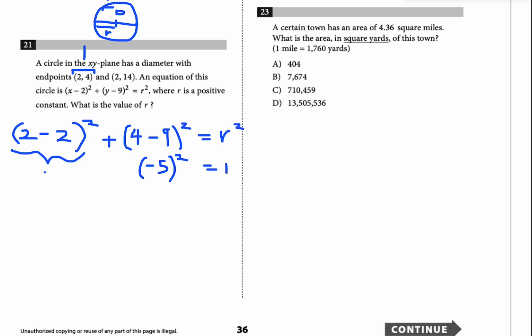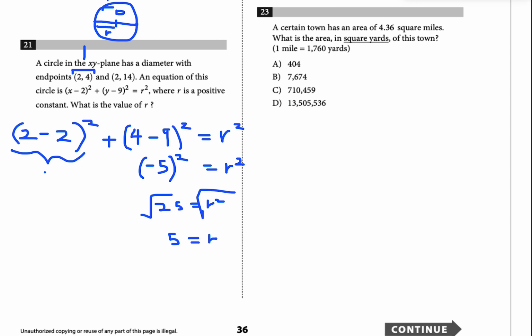We'll set it equal to r squared, so 25 equals r squared. And then solving for r, we can take the square root of both sides of the equation, and we get 5 is equal to r.